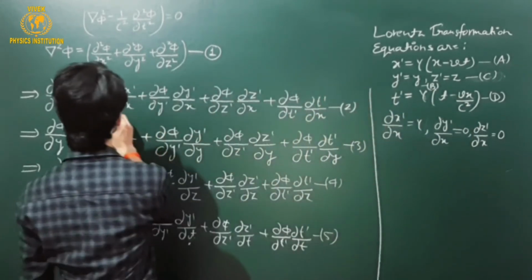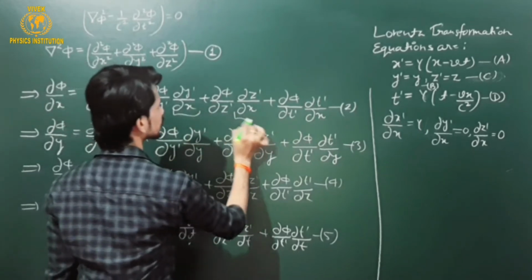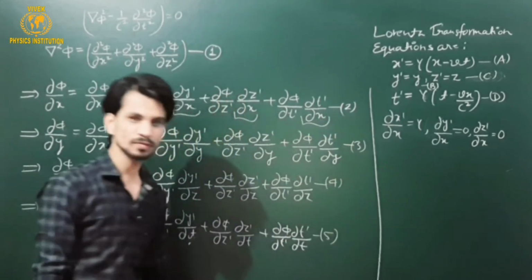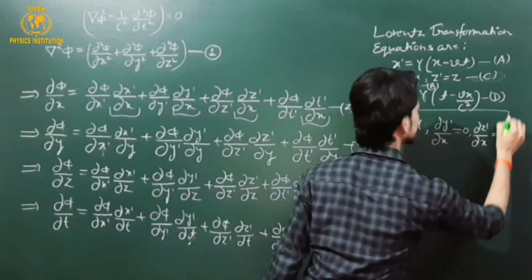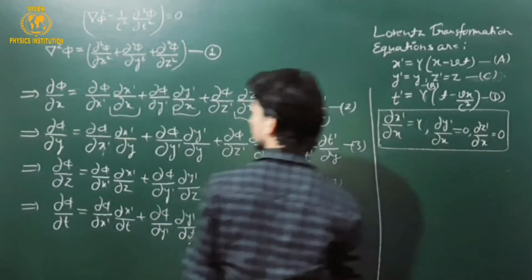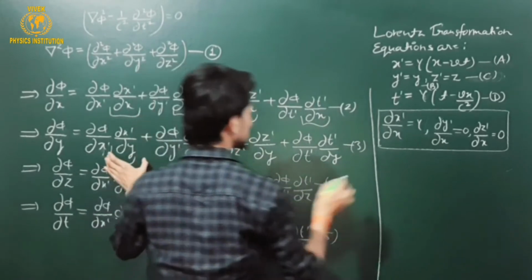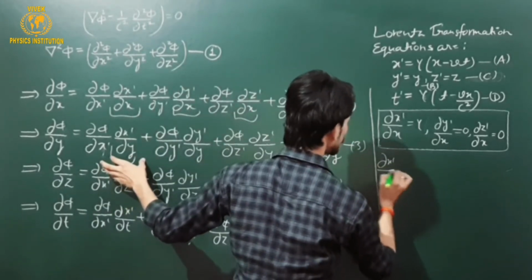So I have got the value of this one, this one, this one, and this one, right? Let me put all the 3 values in a rectangle. Now I will find the value of this one. This one is del x dash over del y.